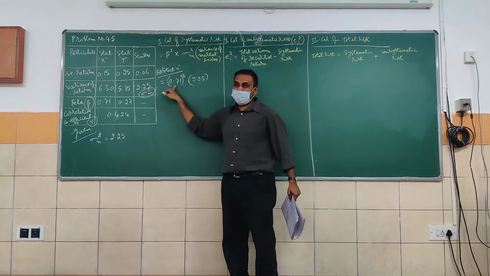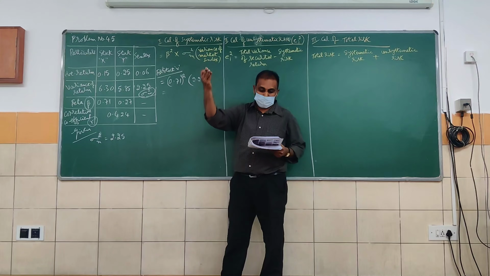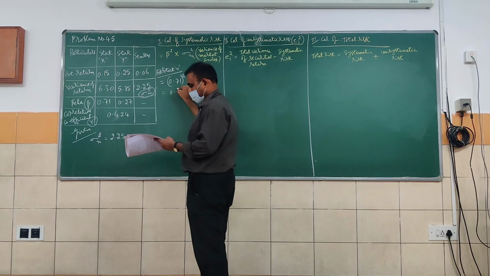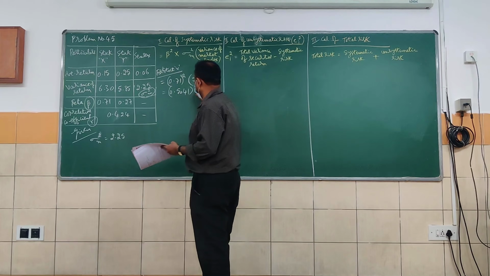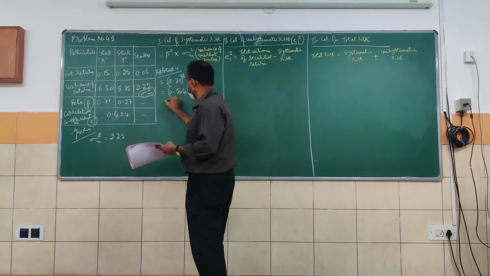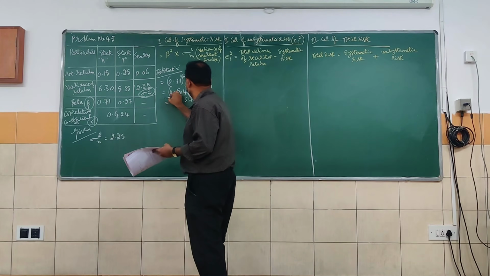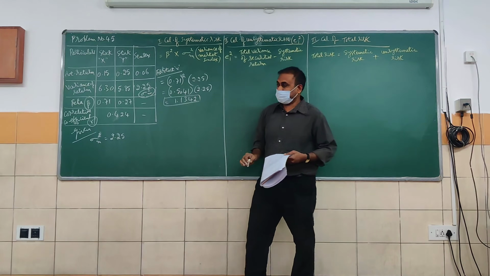First we have to find the square, 0.71 into 0.71. Then we have to multiply with the other one. 5041 multiplied by 2.25, you get 1.13442, which is the systematic risk for stock X.